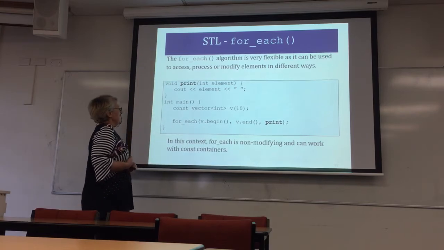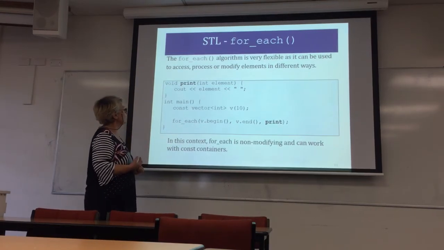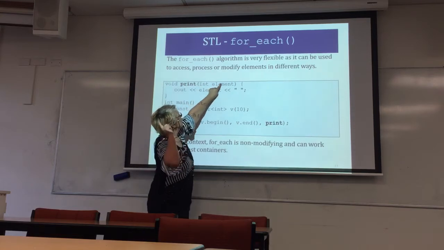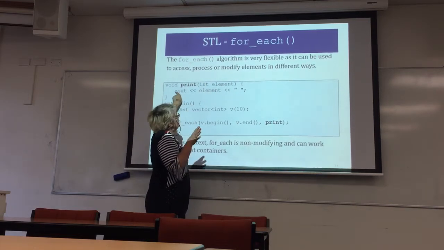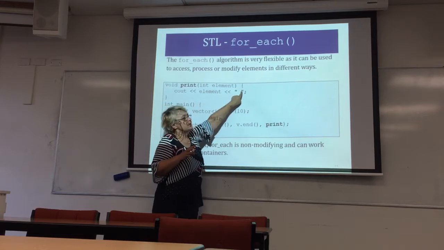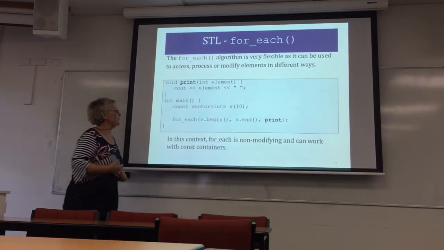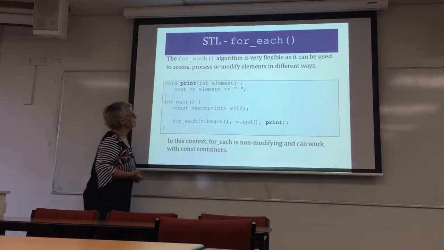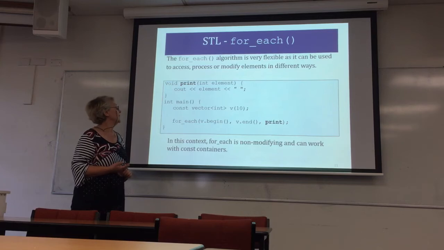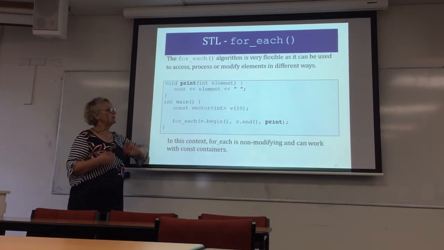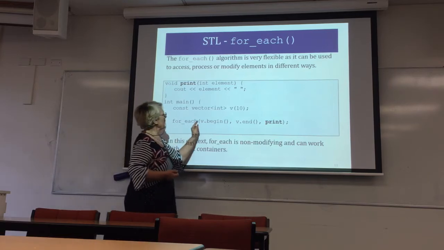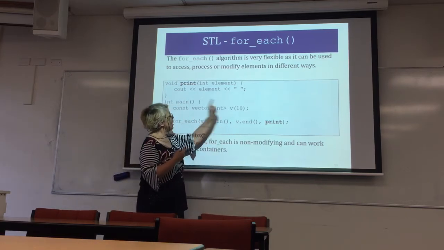Haskell has a similar function. Assume that we have this print, it takes one argument, and all it does, it displays the element followed by an empty space. When we declare our constant vector, there is this for each which does not modify this.